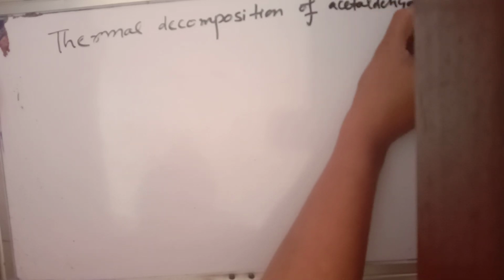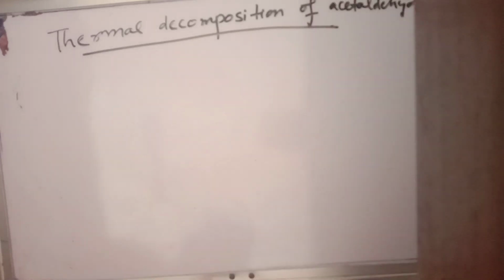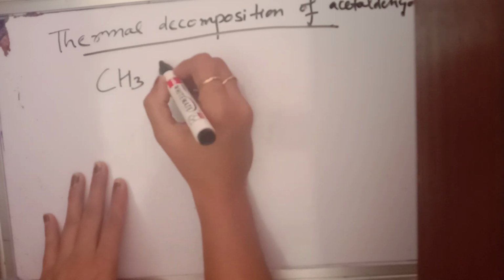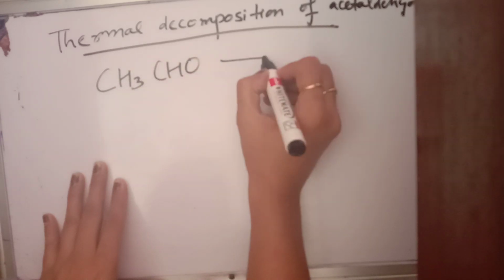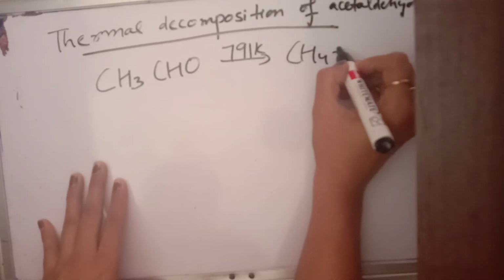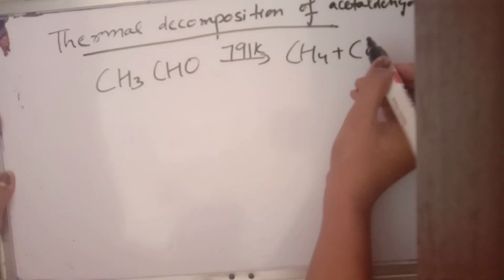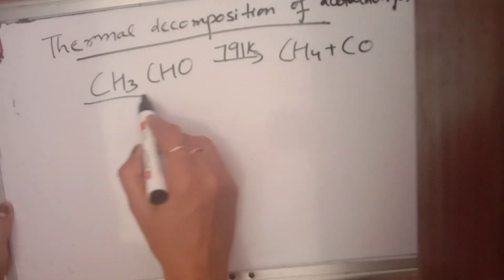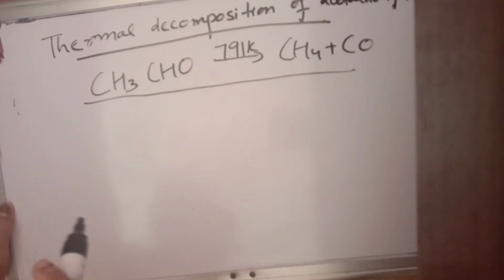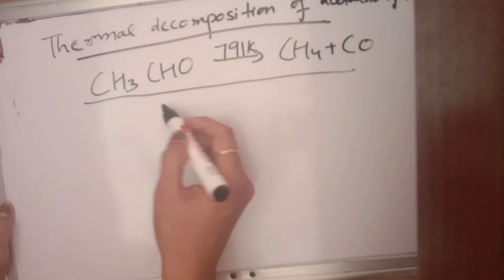Acetaldehyde, basically CH3CHO, decomposes at 791 Kelvin to give methane plus carbon monoxide. From the equation it seems to be a first order reaction, but actually it is a second order reaction. It has been experimentally found.